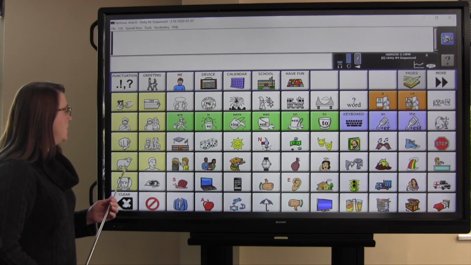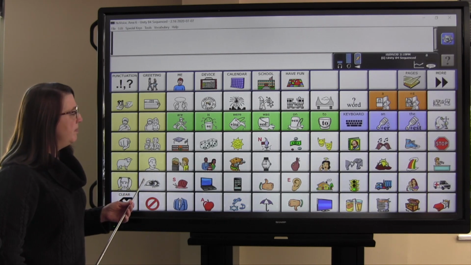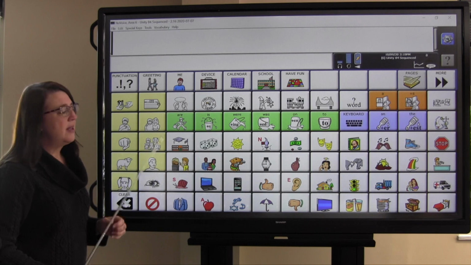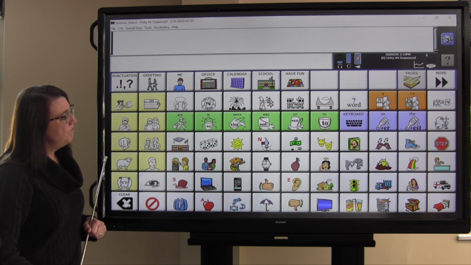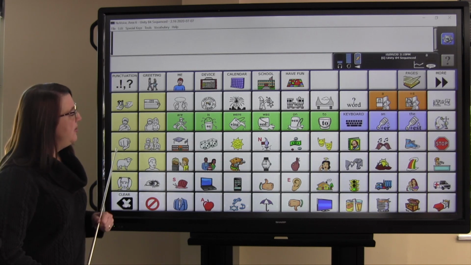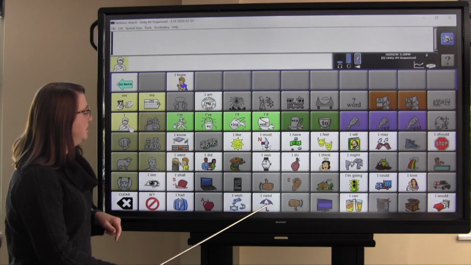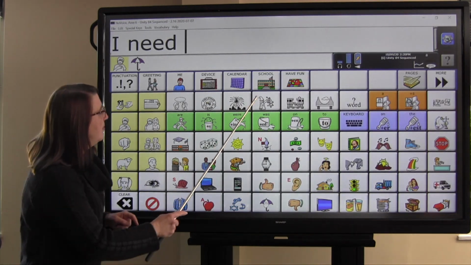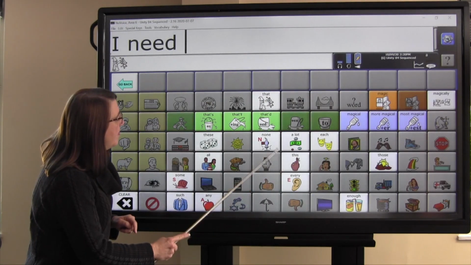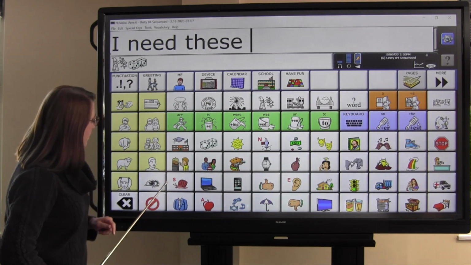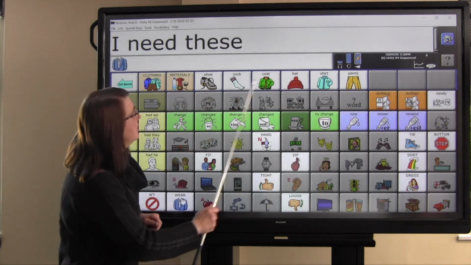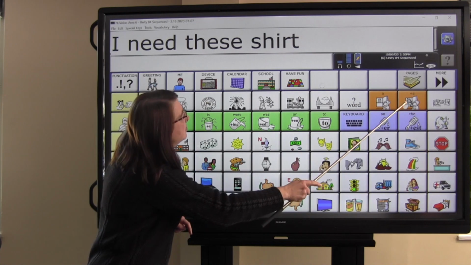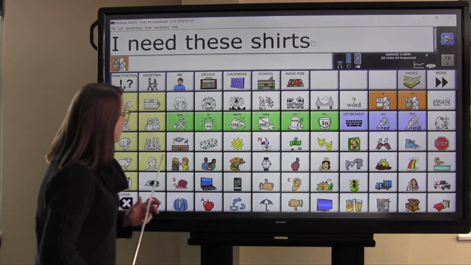Or, I need these shirts. I need these shirts.